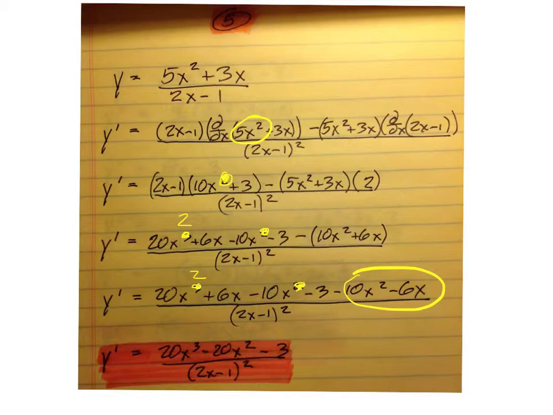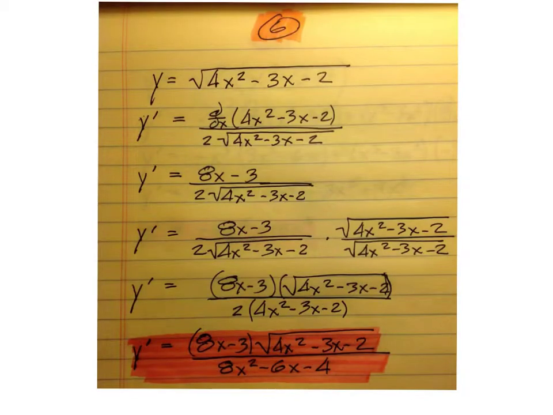So that one would go away. And you would have 20x squared minus 10x squared, so you should just have 10x squared. And then 6x minus 10x is a negative 4x, minus 6x is a negative 14x, and then your minus 3 stays. You have 2x minus 1 quantity squared.